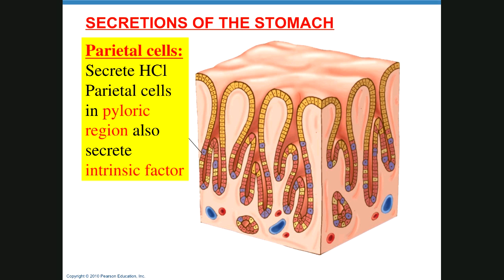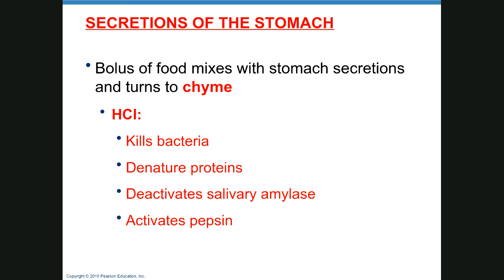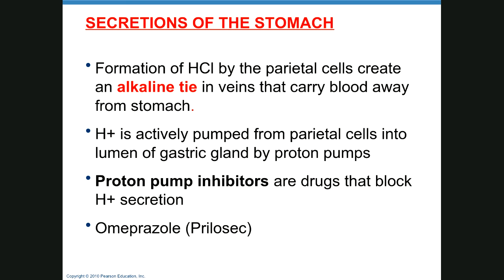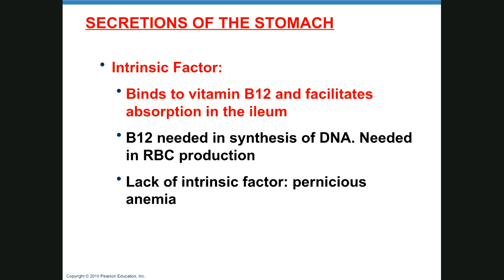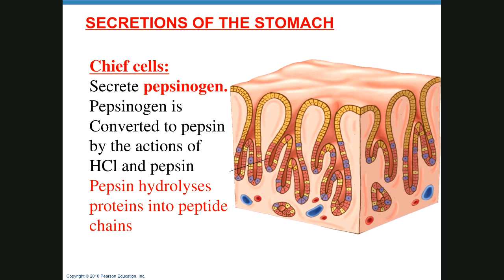So these are going to be the neck cells here, secreting mucus. The parietal cells are these blue little cells here. And parietal cells secrete 2 things, hydrochloric acid and intrinsic factor. Okay, I just want to finish with the cells next.